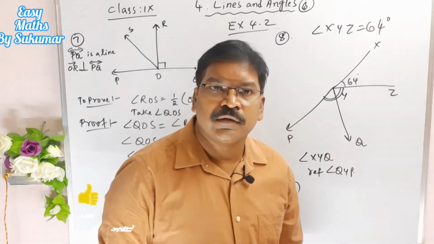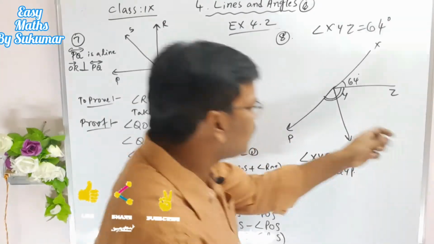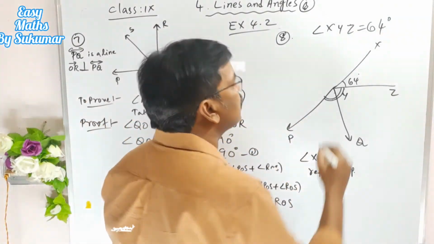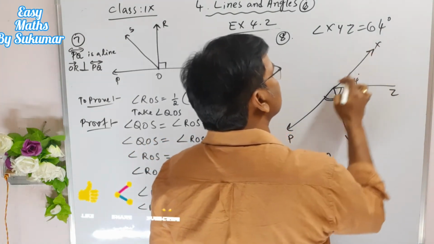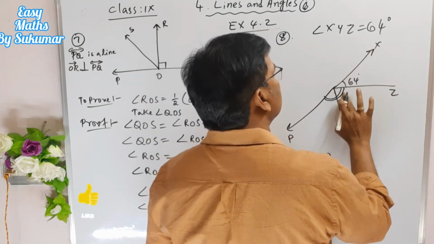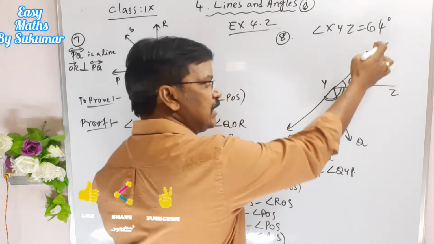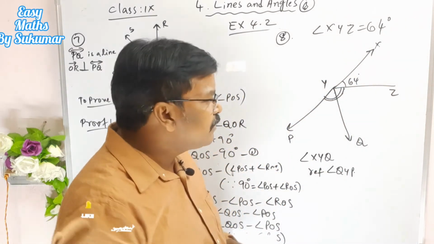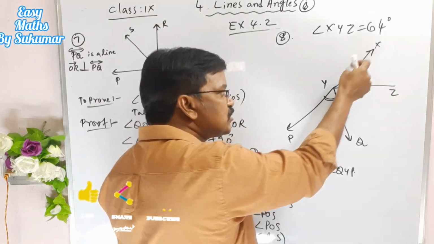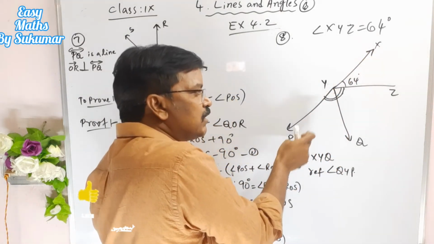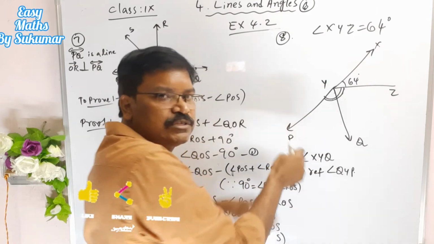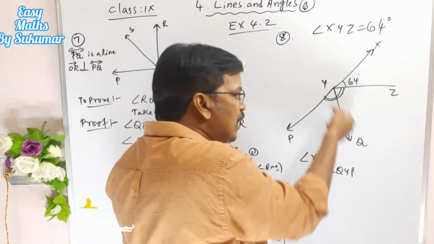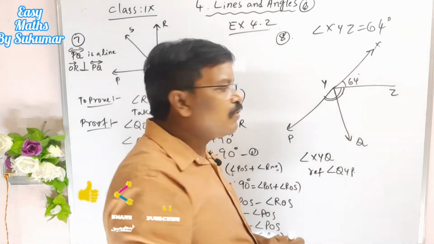Right. Look here, students. I have already drawn the figure here. The first hint given here is this angle XYZ, Z minus Y, my dear students. XYZ is 64 degrees. And what is given in the statement? Just produce XY to P. We produce this XY to P, and this YQ is the bisector of what?